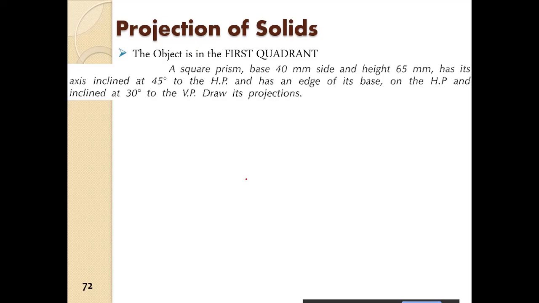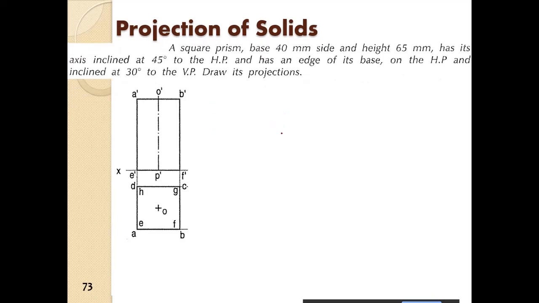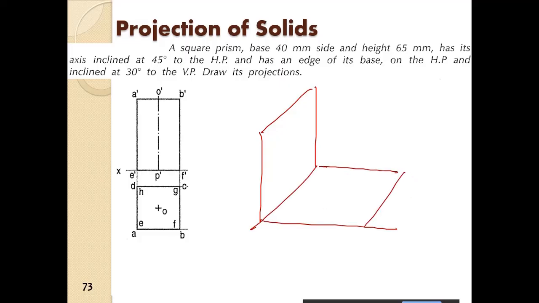Alright, so what we do, first of all, we start as the prism is standing right in front of the VP. So this is the square prism.